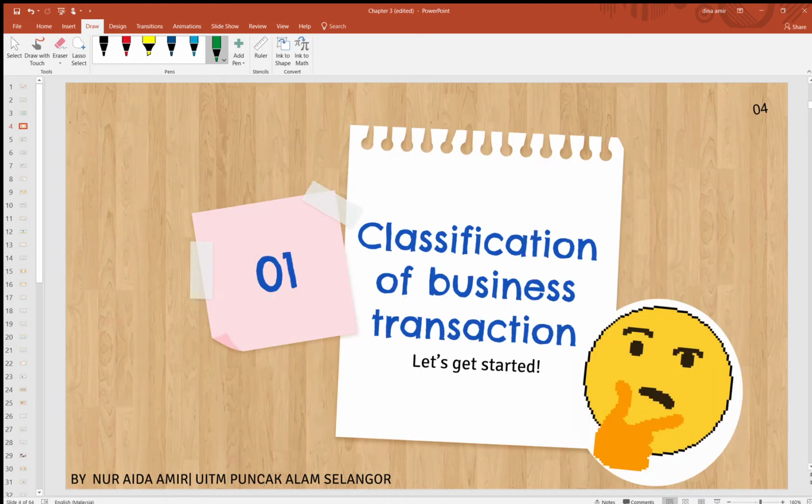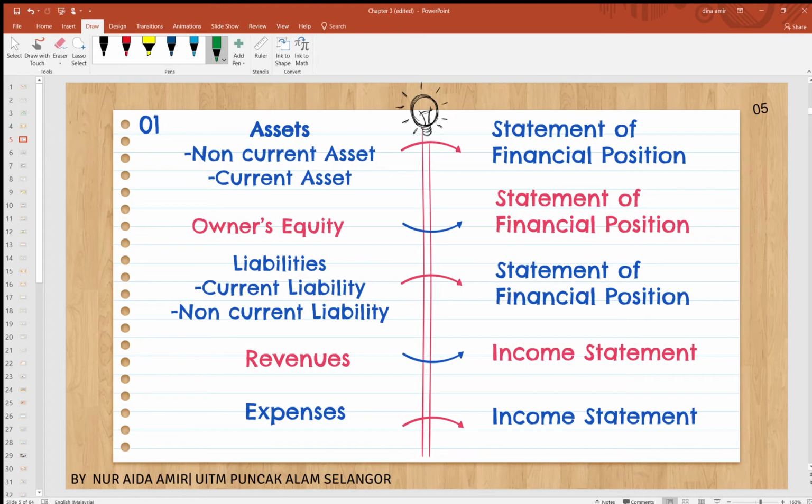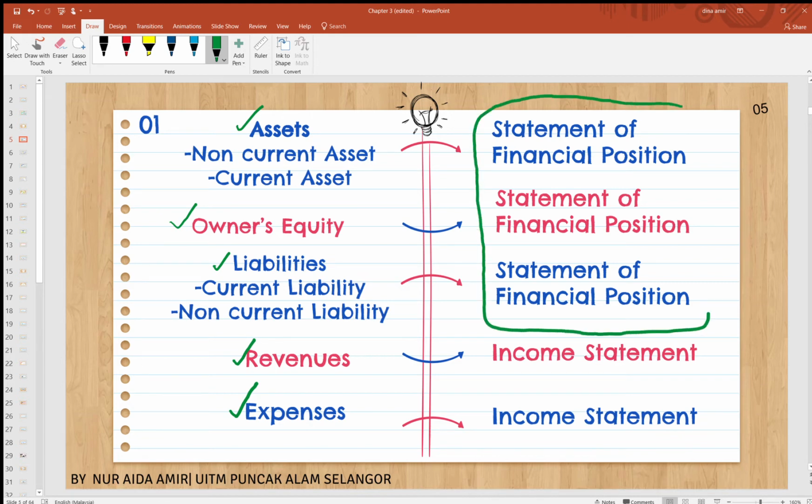The classification of business transactions. Let's get started. We have asset, we have owner's equity, we have liabilities, we have revenue and expenses. Today I'm going to show you what's inside the statement of financial position.